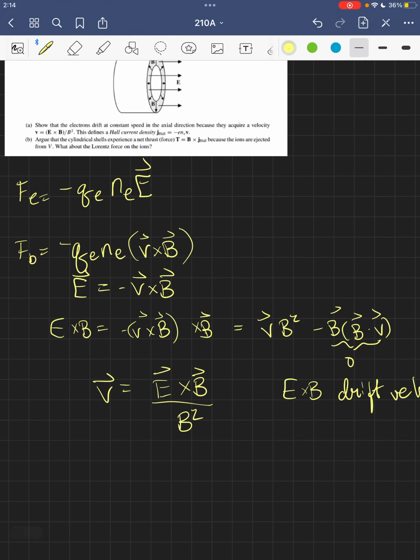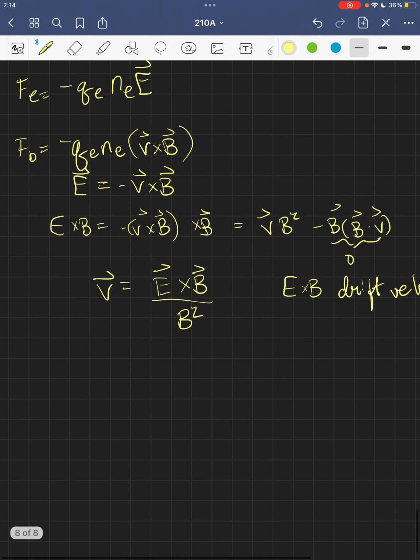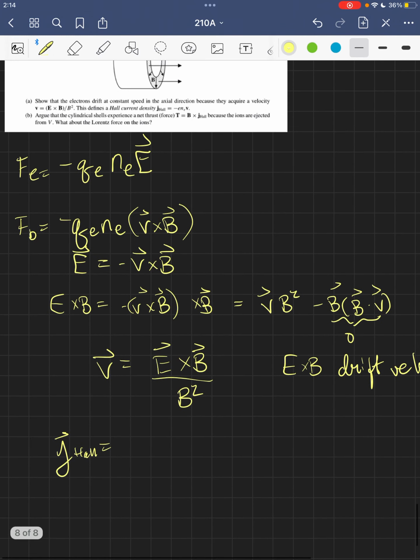So your Hall current is just negative e n_e times this, E cross B over B squared.